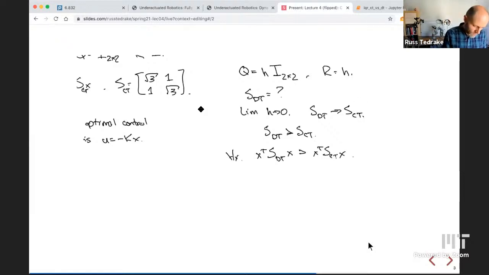So what we could say is that our closed loop dynamics, if I'm running that controller, looks like x dot equals (A minus BK) times x. Okay, which means x at time t is going to be e to the (A minus BK) t x0.